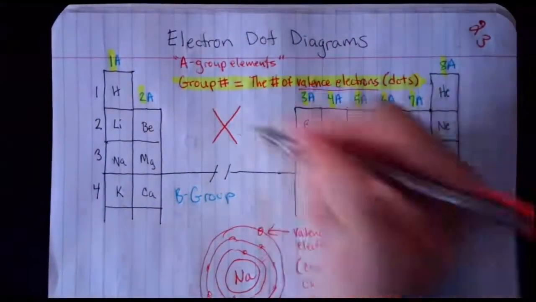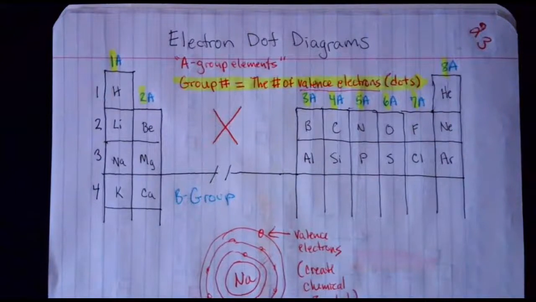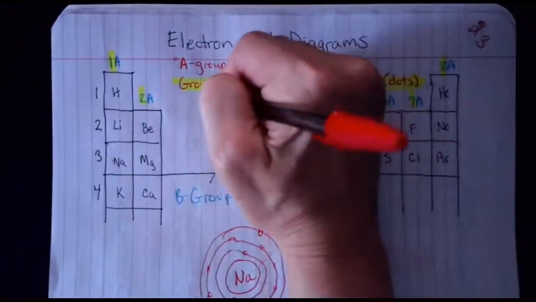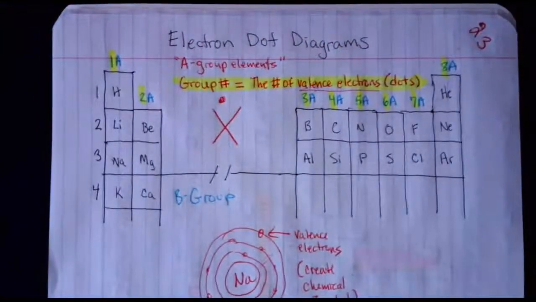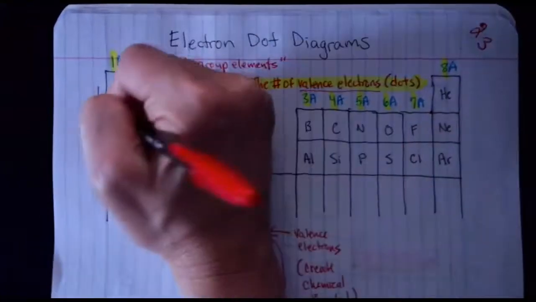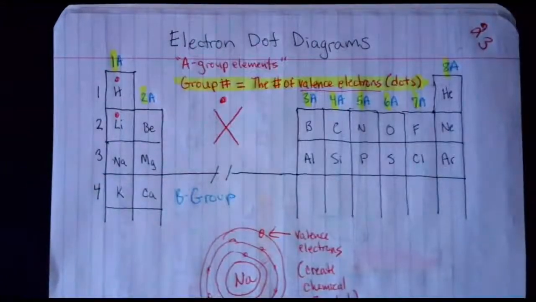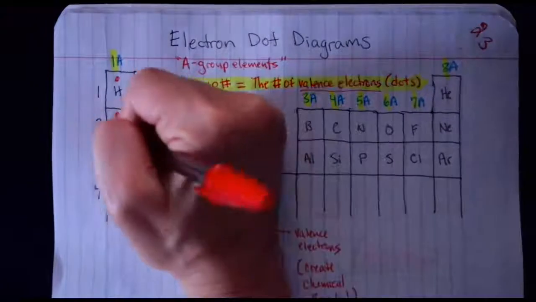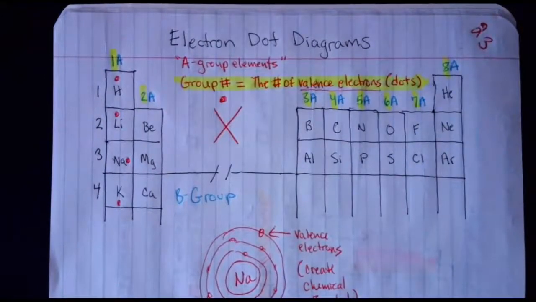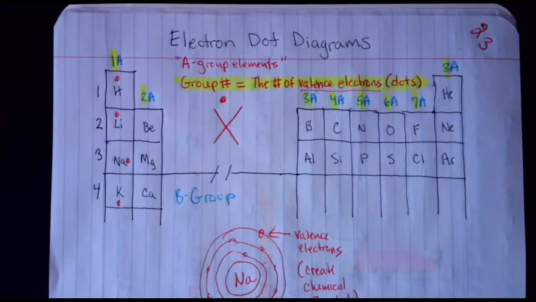So we use this as a generic symbol for any element. And so for anything in 1A, it's going to have a single dot like that. Okay, so we're going to go over here and we're going to put single dots on these. And there's no right or wrong side. So you could put your dots on the side, you could put your dot on the bottom, or you could put it on the top, okay? It has to go on one of the 4 sides of your element symbol.